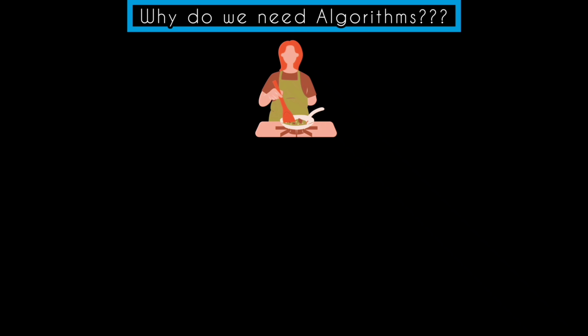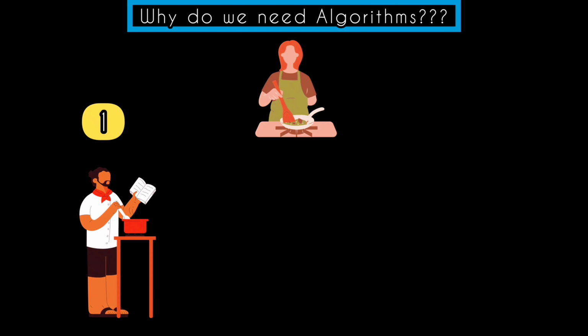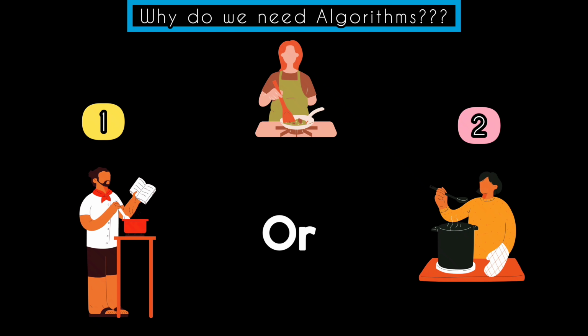Now, one last thing. If you're wondering why we even need to write algorithms when we can just start coding right away and figure out the rest while doing it, well, ask yourself this. When you learn to cook a new dish, is it better to follow a pre-made recipe or learn it from scratch by yourself? I'm sure you'll choose the first option.